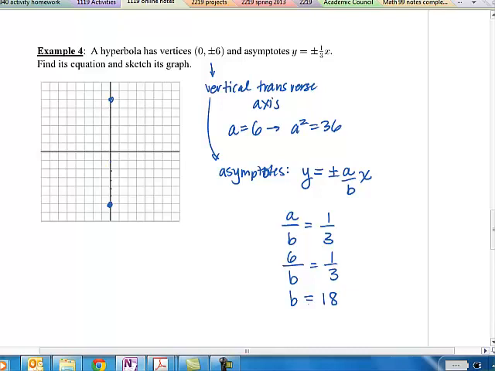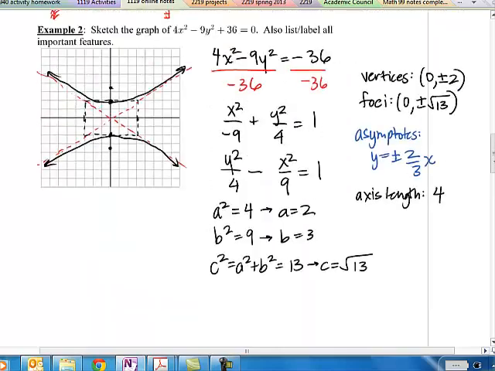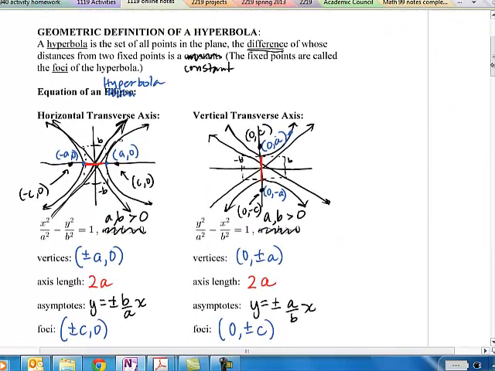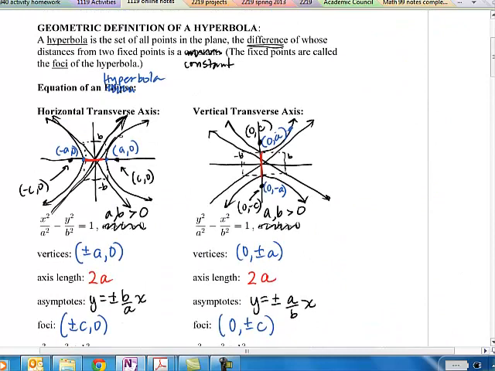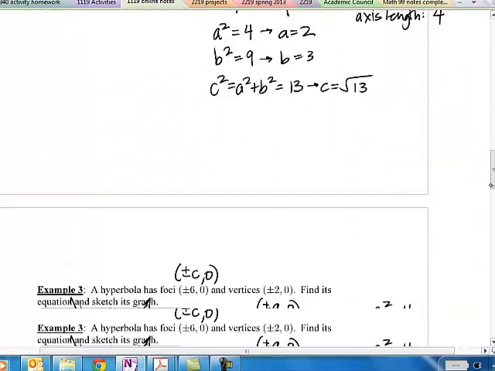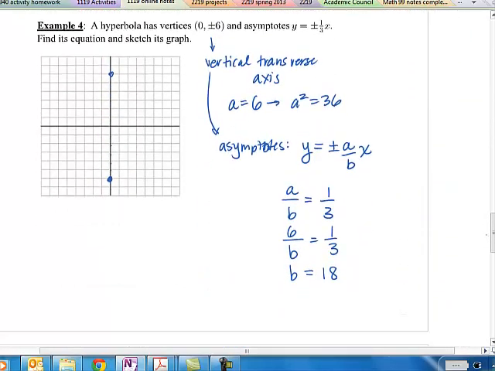It's big, right? Let's just go back and look at this for sure. So if we're opening on the y-axis, yeah, we want a to b, and the vertices are 0 plus or minus a. So that ratio is supposed to be a to b, and we've got a given as 6. So b is 18. Yeah, that's right.